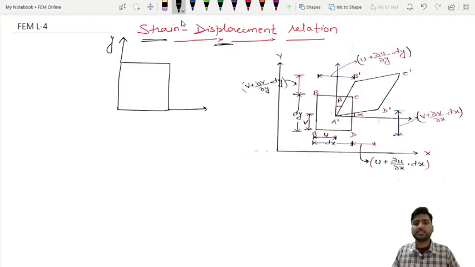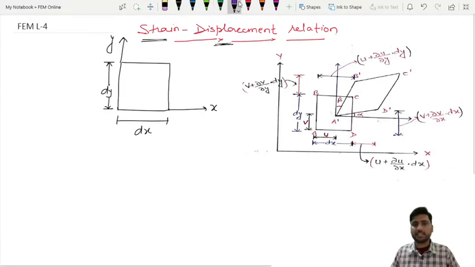This is y direction, this is x direction. The length of the element in x direction is dx, and the length in y direction I have taken as dy, because this is a small element. In x direction, the displacement that I have considered is u, and in y direction the displacement I have considered is v.